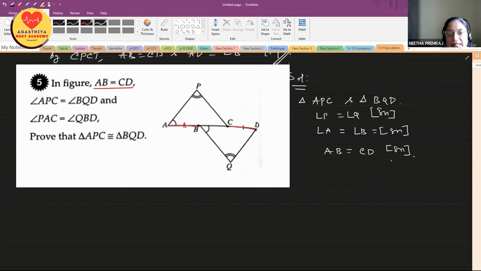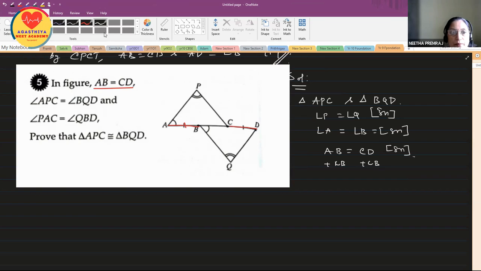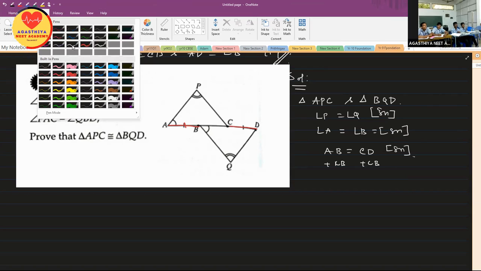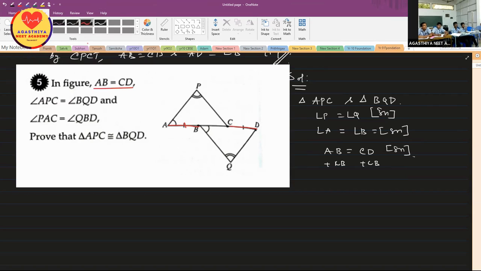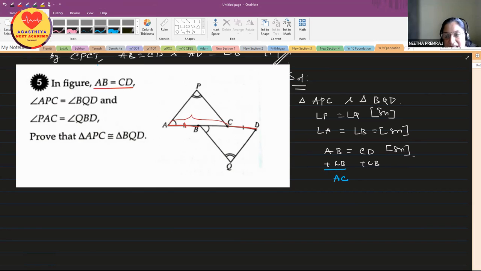I add CB either side. AB plus CB is what? AC, isn't it? So this becomes AC.